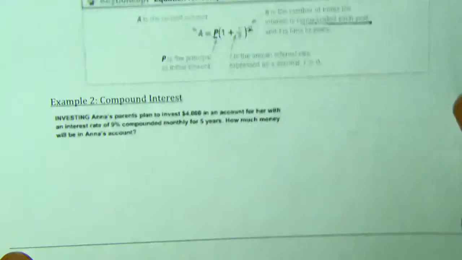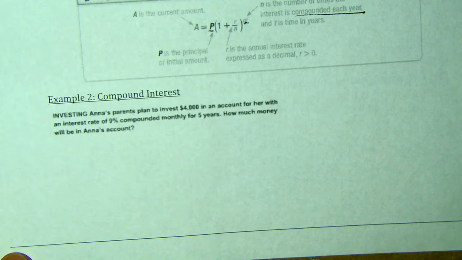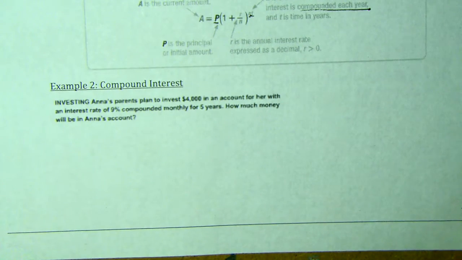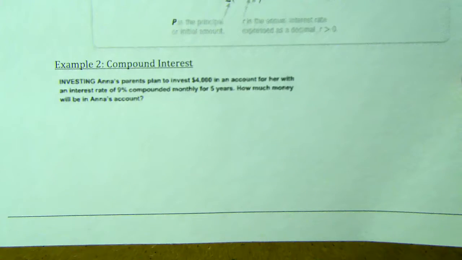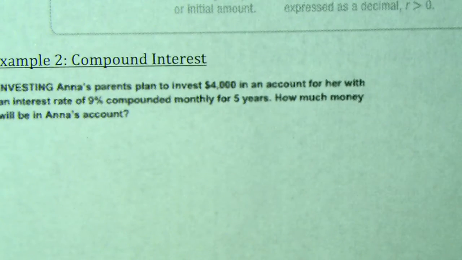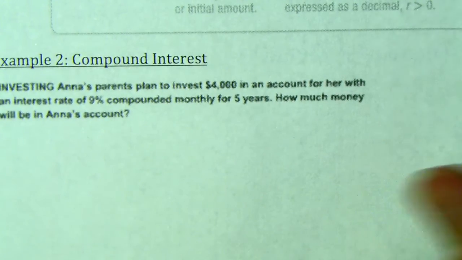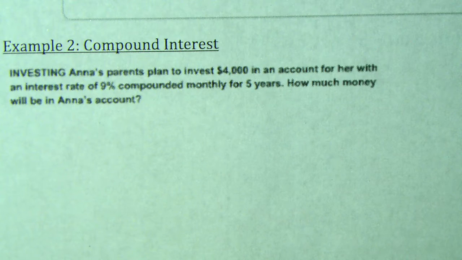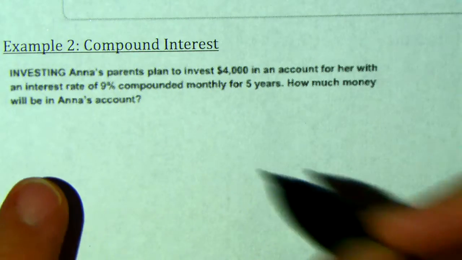Anna's investing money. Actually, Anna's parents are investing money. Come on, Anna, get it together. They plan to invest $4,000 in an account for her with an interest rate of 9% compounded monthly for 5 years. So we've got a bunch of stuff here.